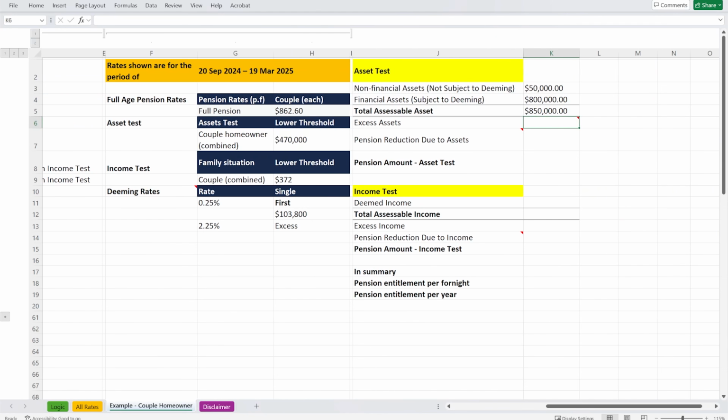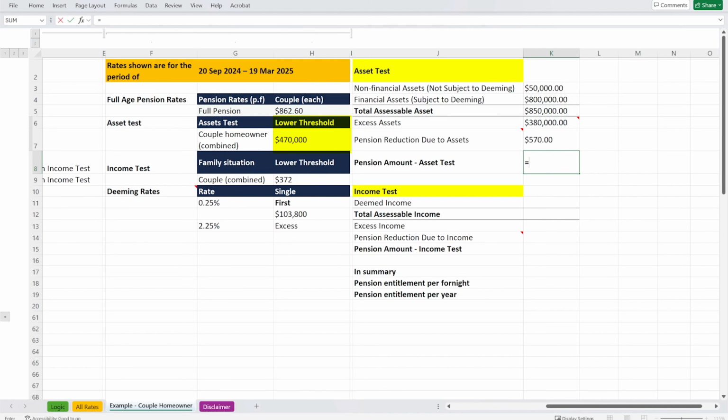Since this amount exceeds the lower threshold for a homeowner couple that don't qualify for the full age pension, the excess assets are $380,000. For every $1,000 of excess assets, the pension is reduced by $1.50 per fortnight for each member of the couple. This results in a total reduction of $570 per fortnight under the assets test.